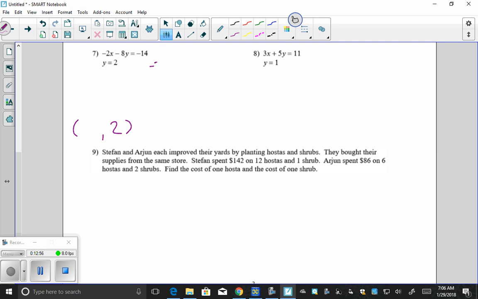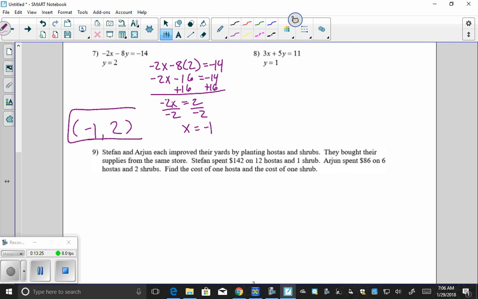So you're going to have negative 2x minus 8 times 2 equals negative 14. So I have negative 2x minus 16 equals negative 14. Add 16 to both sides. Negative 2x equals 2. Divide both sides by negative 2, and you get x is equal to negative 1. So there's my answer.